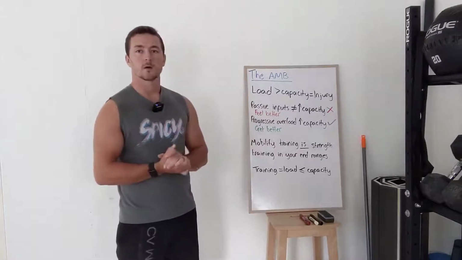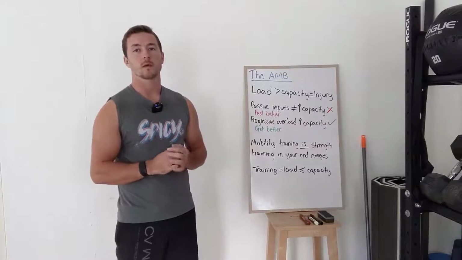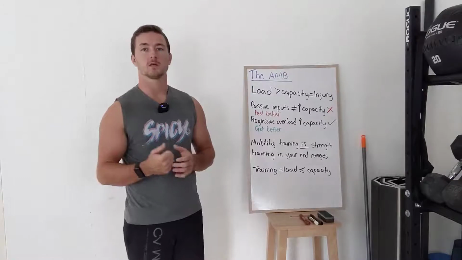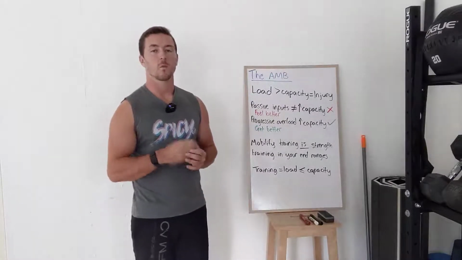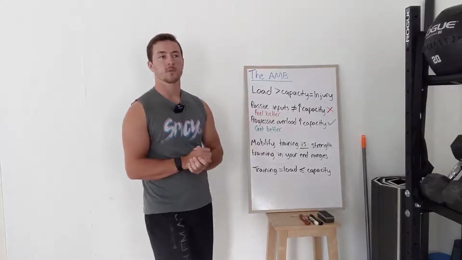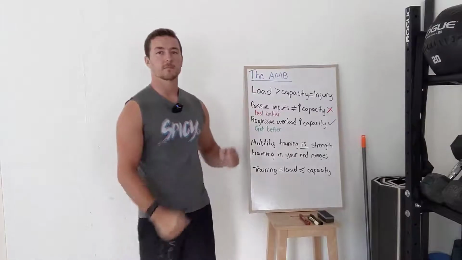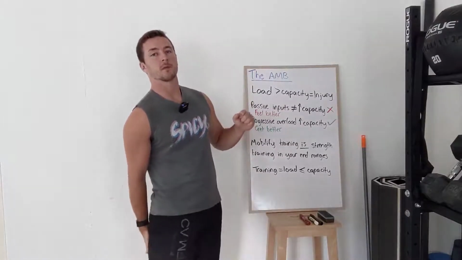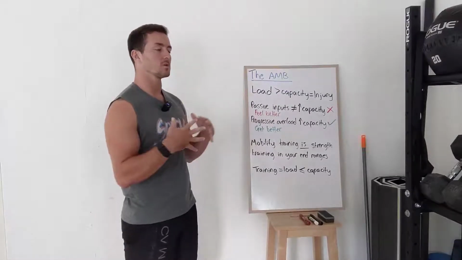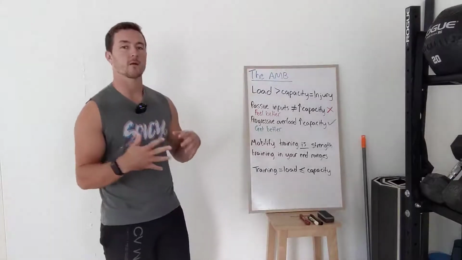All right, guys, another thing I want to talk about with injuries is the two different types. We can have chronic injuries or we can have acute injuries. An acute injury is one instance of that load being greater than our capacity. Say for example, we're sprinting and we tear a hamstring. In that moment, the force was greater than our hamstring's capacity to resist it, and we have a tear.